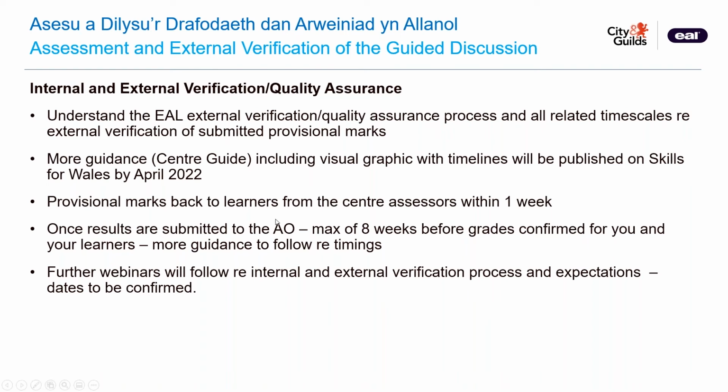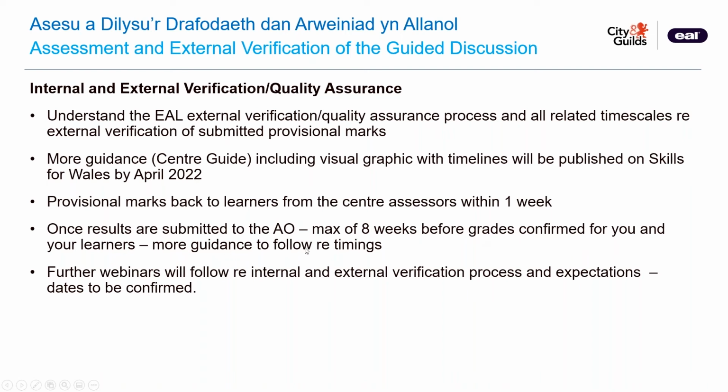Provisional marks back to learners from the centres, assessors within 1 week again. Once results are submitted to the awarding organisation, a maximum of 8 weeks before grades are confirmed for you and your learners.